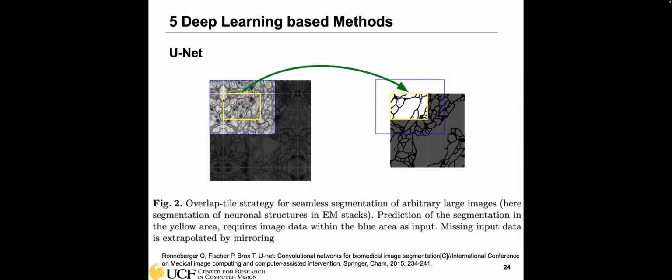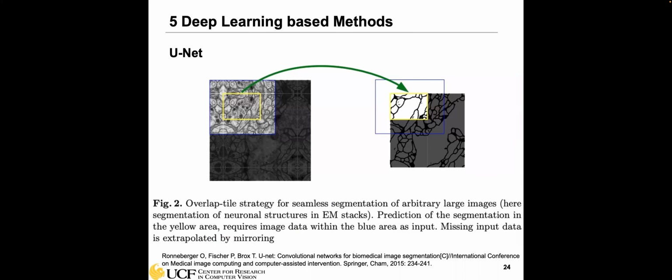If we take just the original, smaller region, the edge information may be lost. In a lot of medical image applications, we care about the boundaries. So that's why they leverage this overlap tile strategy, using a larger tile to bring some context for the segmentation boundaries.